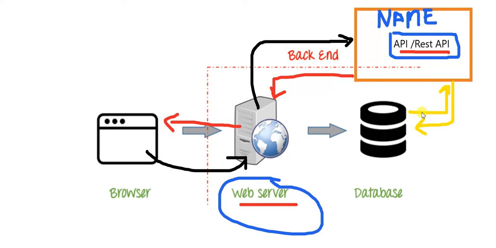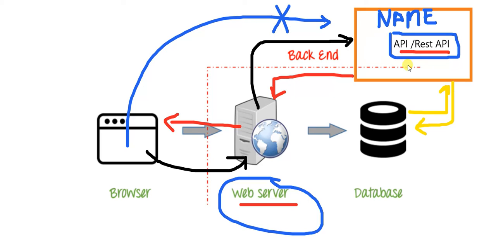But because it does not have any other information, if your browser asks for the age, it will not respond, because it does not have any access to your other fields of data. So it can only reply if you are asking for the name. However, if you are talking with the server, the responsibility of the server is not to filter the data. The responsibility of the server is to make a channel to get access to your database and provide you what you want. That's it. So API is a very cool idea.